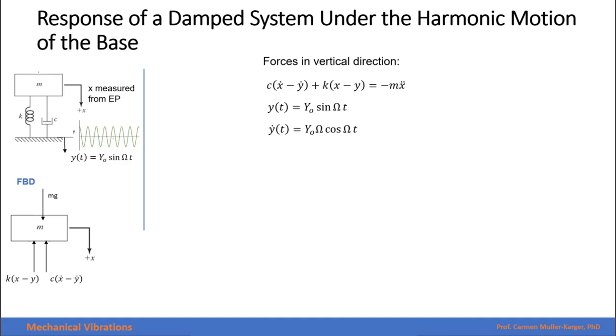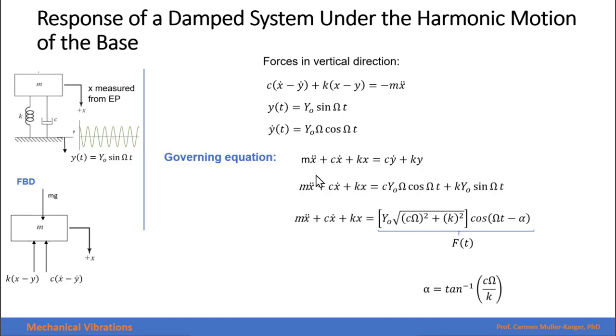Adding forces in my vertical direction, I have the force of the damper plus the force of the spring equals the inertia forces, which is mass times acceleration. If the mass goes downwards, I have a negative sign. The displacement of the base is y, and we differentiate this expression to get the velocity of the base, which will be y sub 0, the derivative of sine, which is cosine, times the internal derivative, which is omega.